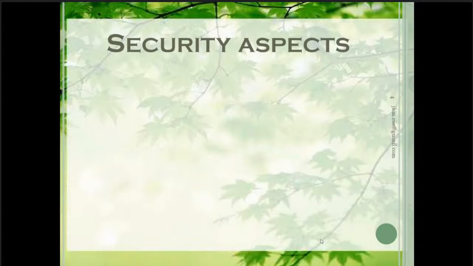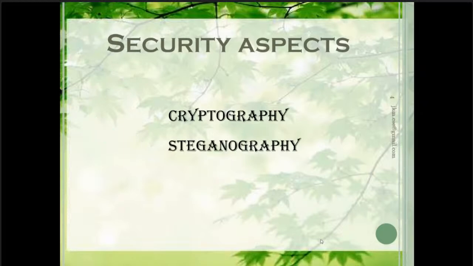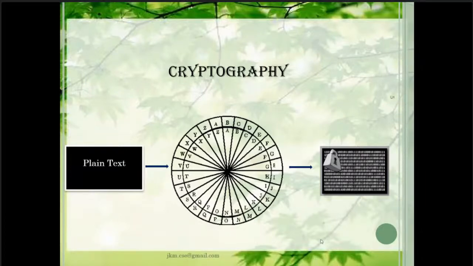If we think of the aspects of security, there are two aspects. One is the cryptographic aspect and another is the steganographic aspect. In cryptographic aspects, we are scrambling the source ensemble or input ensemble, that means plain text, and we associate some keys when scrambling.